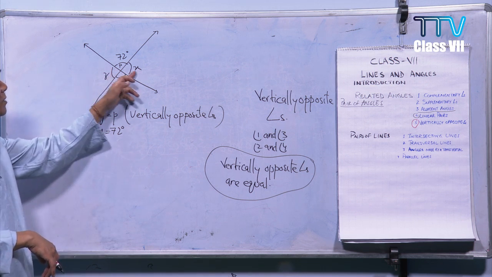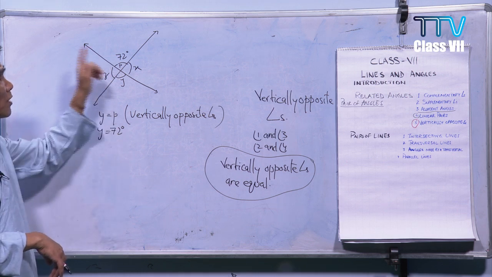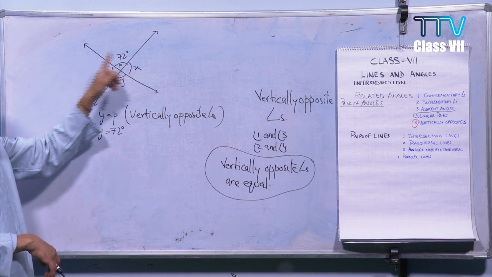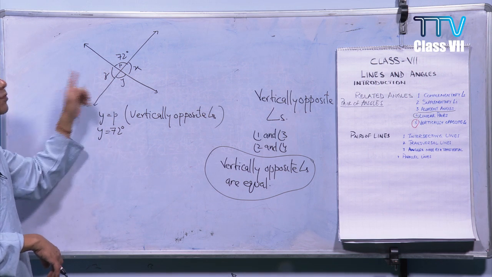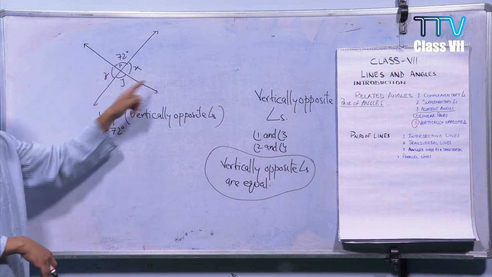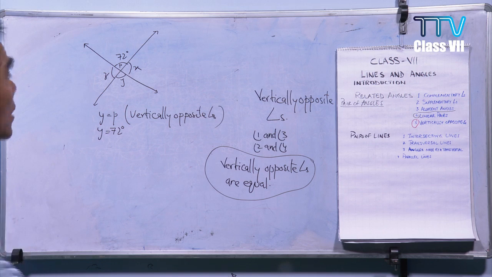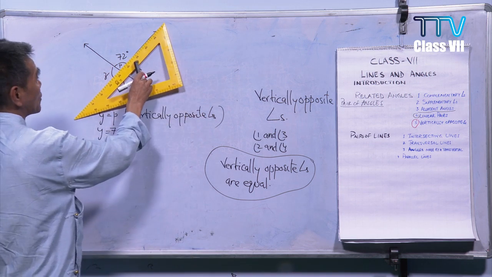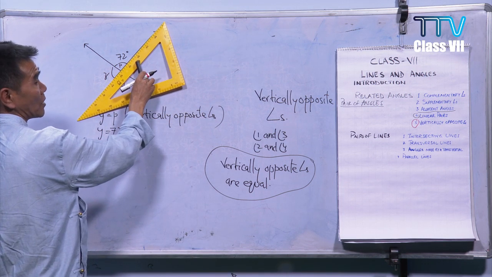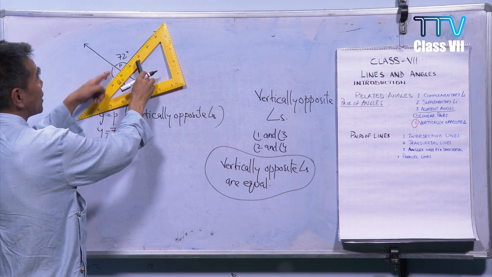To find x and z, either you find the value of x and then relate it to z, or first you find z and then relate it to x. A straight angle is 180 degrees, and these two angles are a linear pair.